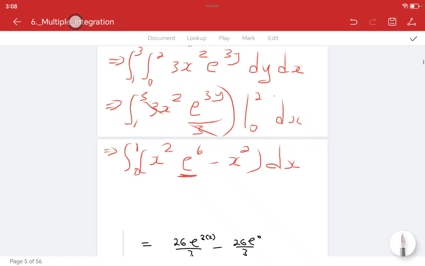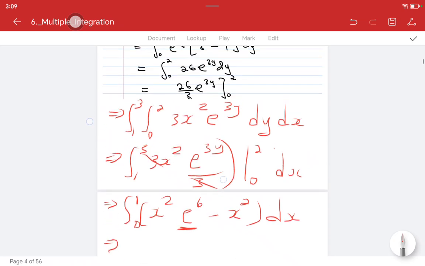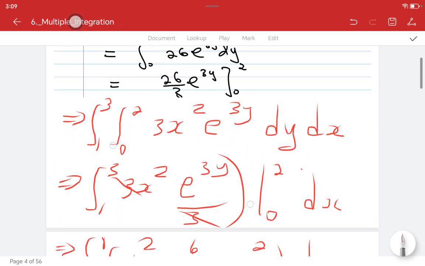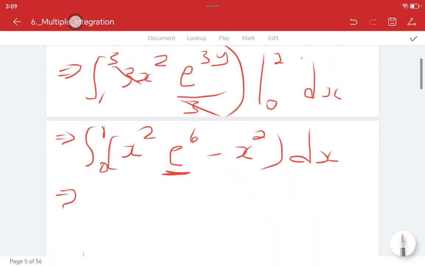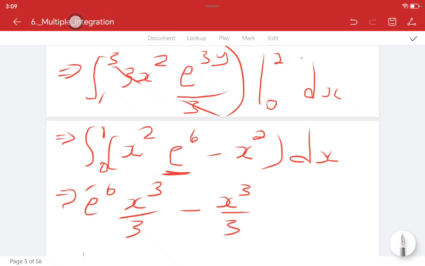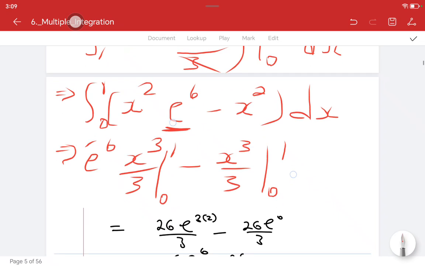If I take this out, then I start integrating. So from here, I can get this, and this will be the integral. If I integrate this, I'm going to have e to the 6 outside. If I integrate that, 3 over 3, that's x, from 0 to 1.